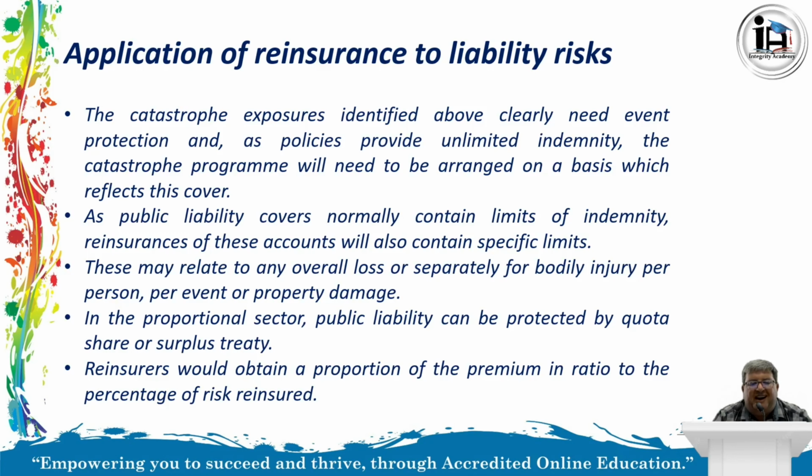These may relate to any overall loss or separately for bodily injury per person, per event, or property damage. In the proportional sector, public liability can be protected by quota share or surplus treaty. Reinsurers would obtain a proportion of the premium in ratio to the percentage of risk insured.